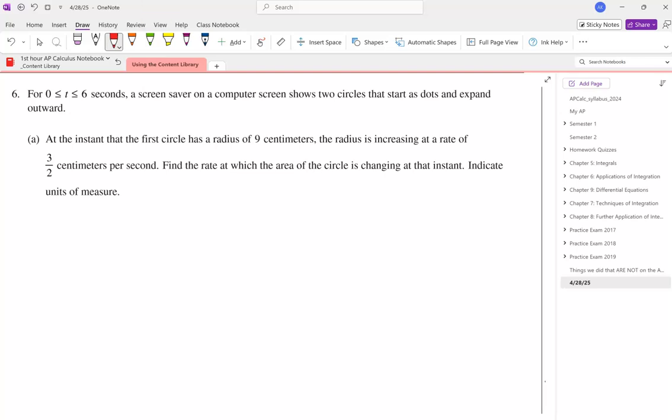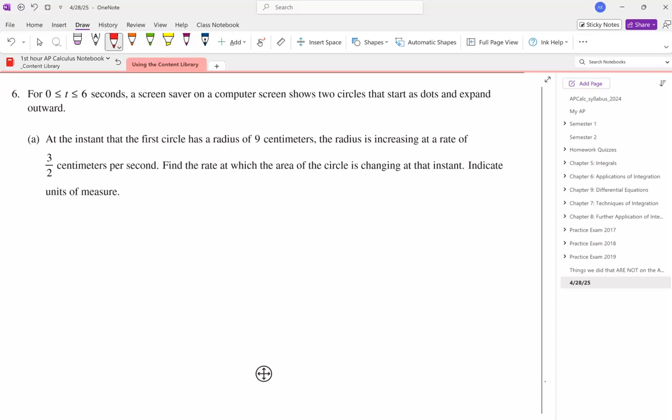So, for a related rates problem, the first thing I'd want to do is start by labeling the given information with a description, or a descriptive variable name. The first sentence says, at the instant that the first circle has radius of 9, the radius is increasing at a rate of.